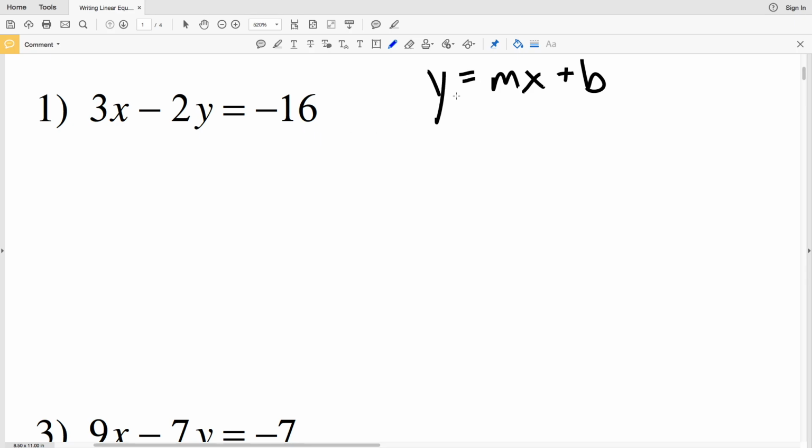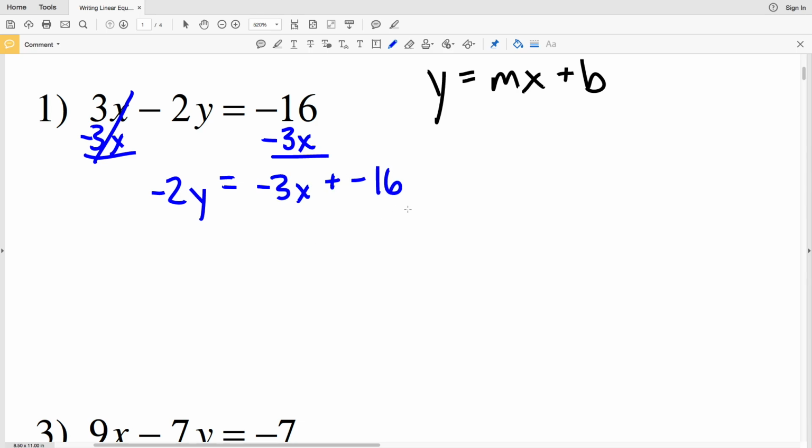We need to isolate the y, so we're going to start by moving the 3x to the other side. When we subtract 3x, we're left with negative 2y on the left-hand side, and then negative 3x plus negative 16 on the right-hand side.